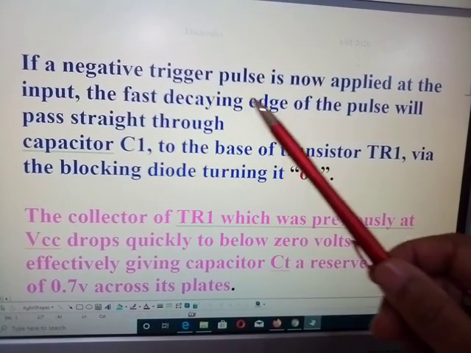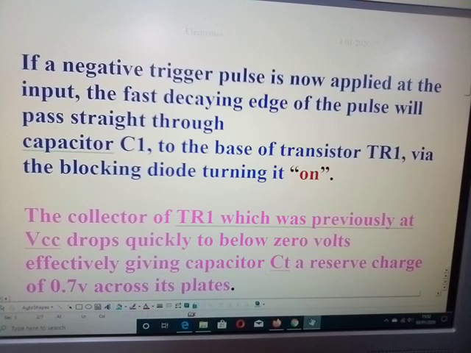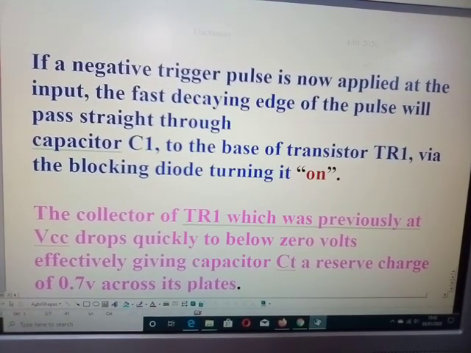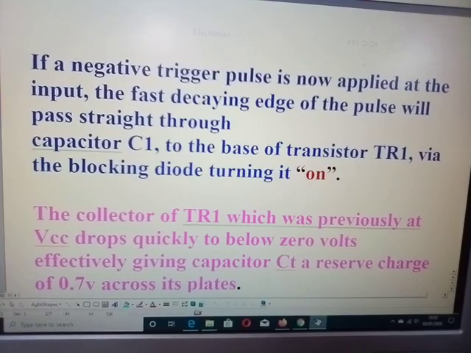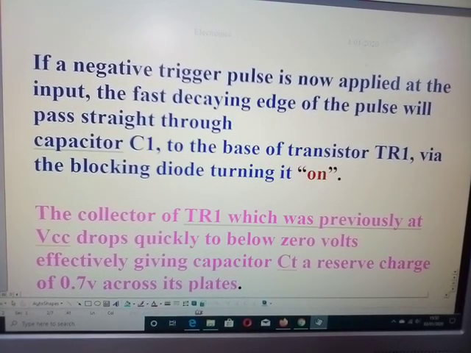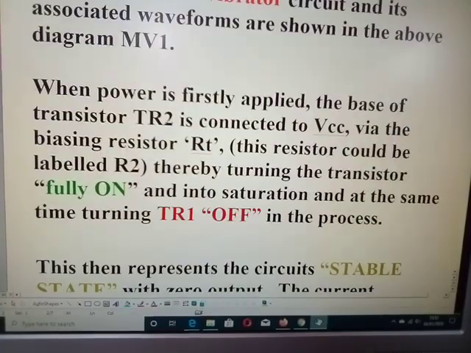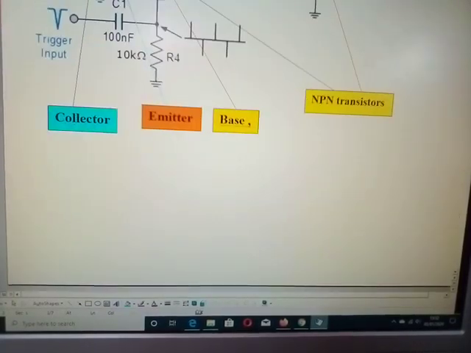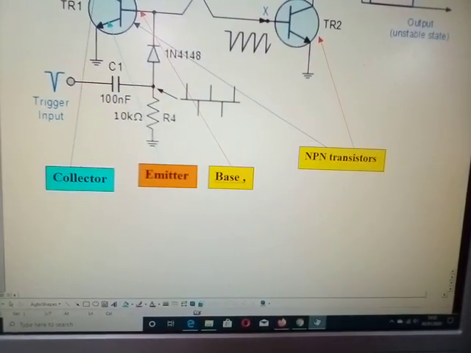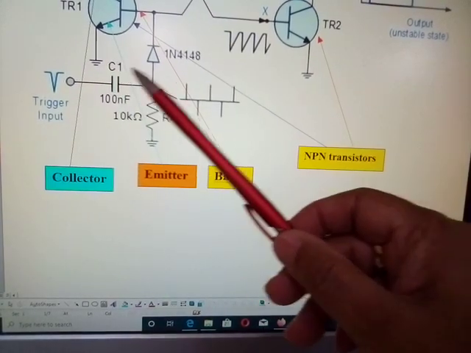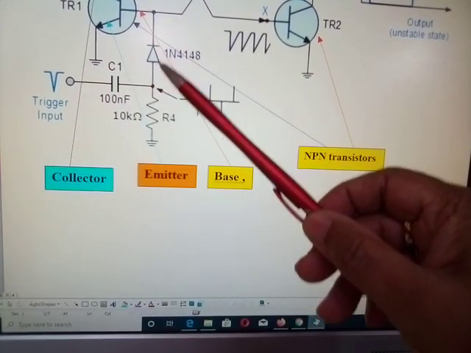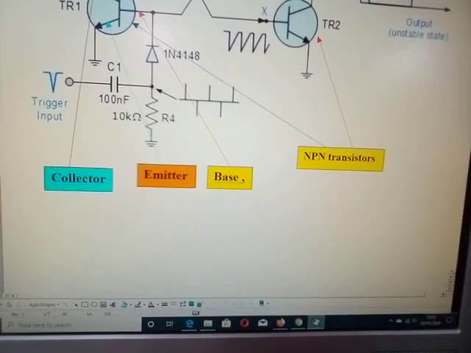It will be triggered on the falling edge of the pulse. And again, let's look at where C1 is. That is C1 here, and that is your blocking diode.